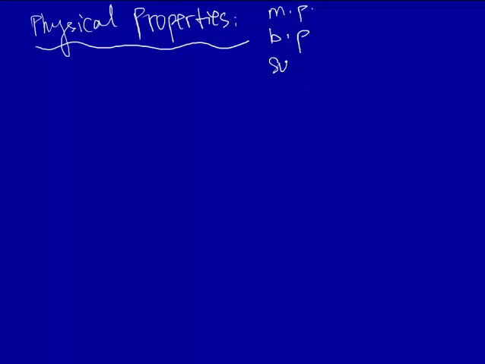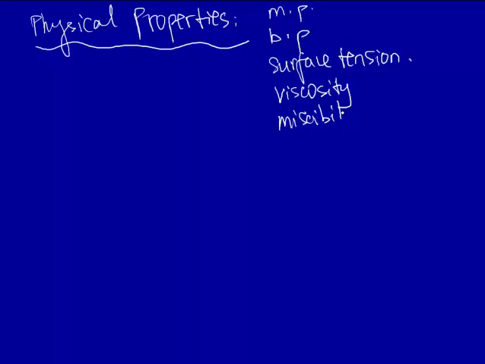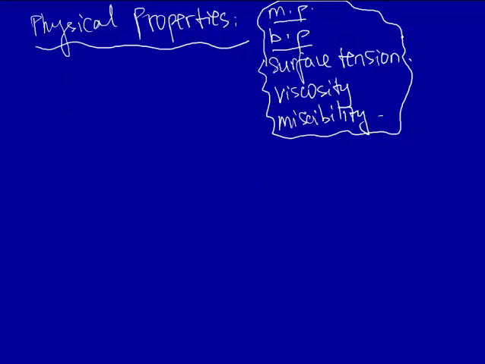You will have surface tension, and you have viscosity, later on miscibility. All is related to the interactions between the entities. So the physical property, let's focus on the melting point, boiling point. Those are one interactions, right?